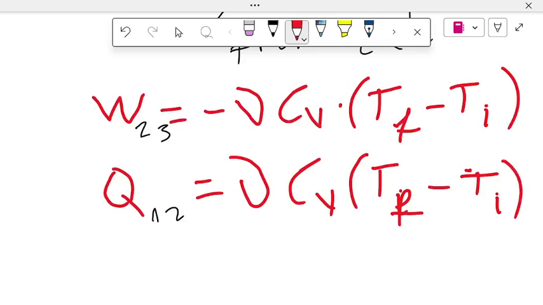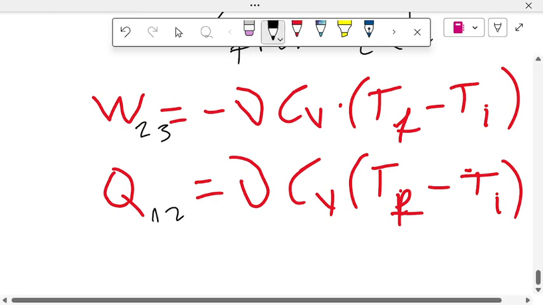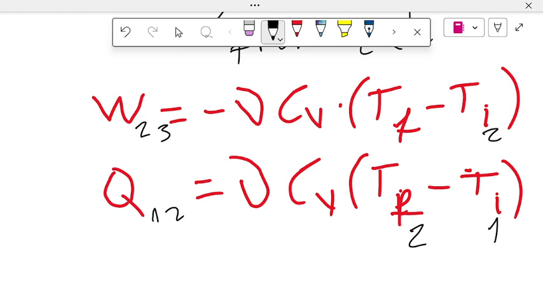Okay, let's say here is the point, initial is 1, final is 2, initial is 2, final is 3.